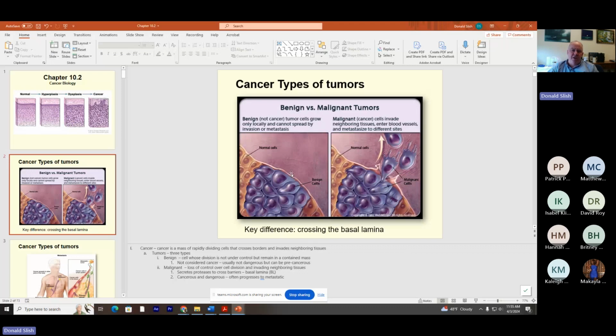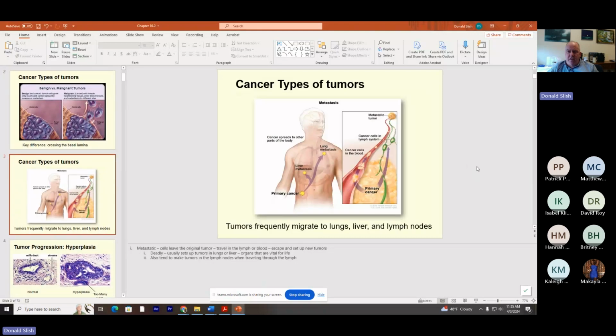Because if you've got a lump on your breast and it's just a lump on your breast, so what? It doesn't matter. But once they start moving and then go metastatic, that's when you start disrupting important tissues. So malignant cells are crossing that basement membrane and starting to move. Then they can move their way all the way into either a blood vessel or a lymph vessel.